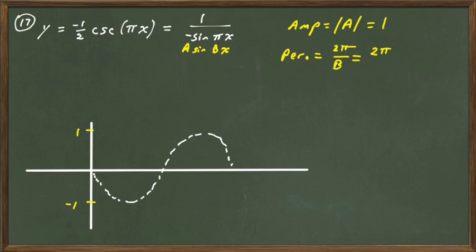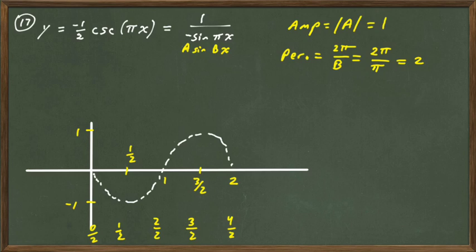So you have 2 pi divided by b, which happens to be pi. So that makes your period 2. So that's where it completes. Half of it is 1/2: 0 halves, 1/2, 2 halves, 3 halves, 4 halves.